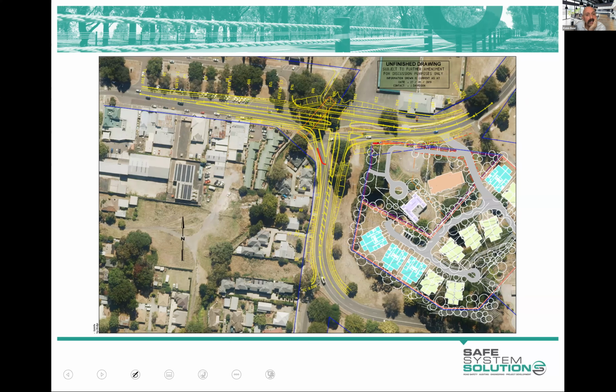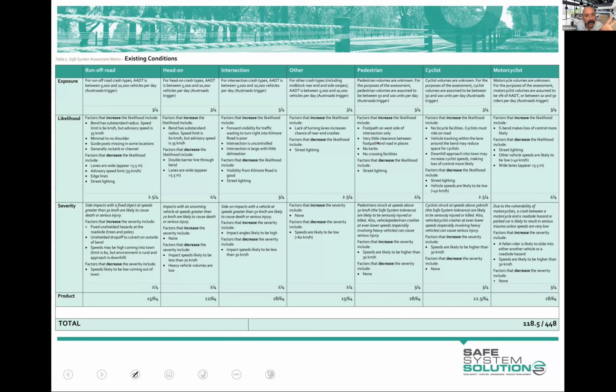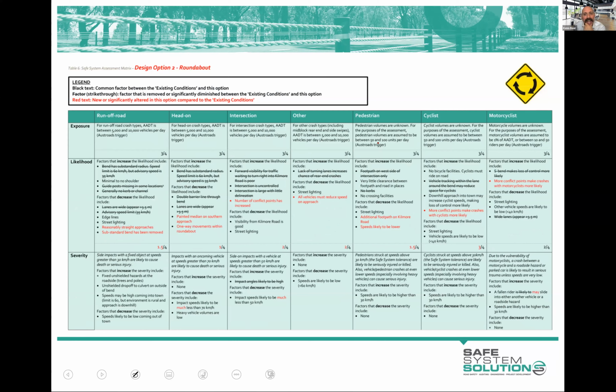So we've got our existing conditions. We did that. It was what's currently there. We didn't need to know what the designs were going to be. We did that. Let's copy that now and let's paste that. Look at the roundabout design and start crossing out factors that are removed when the roundabout is built, and add in new factors that have appeared because a roundabout is now there.